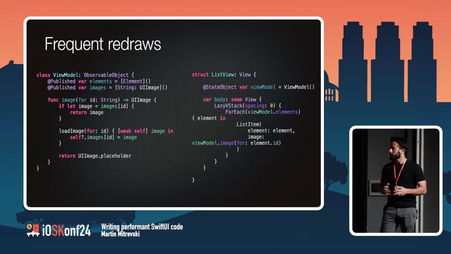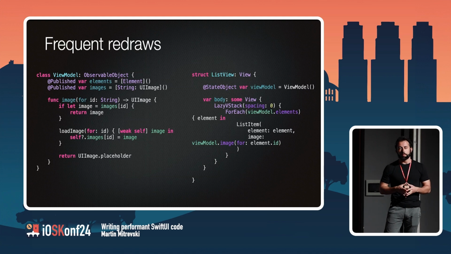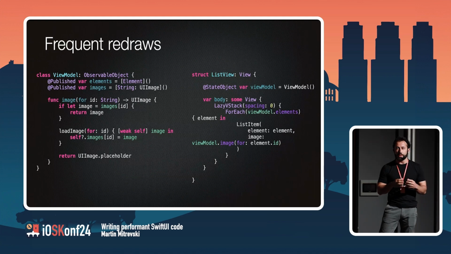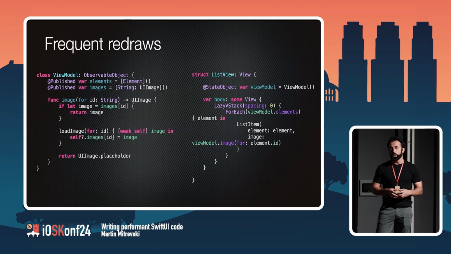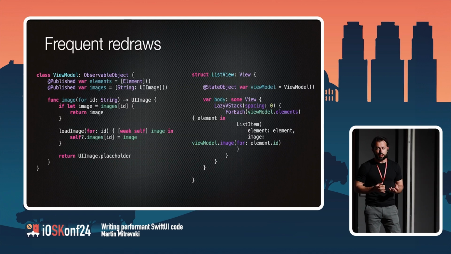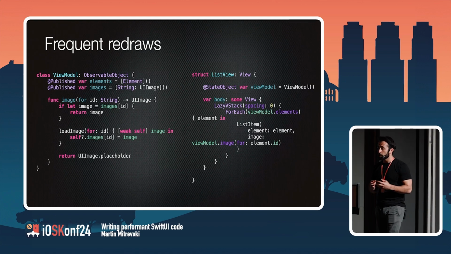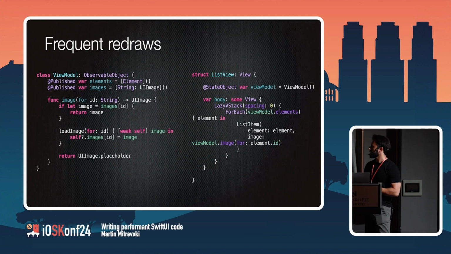The takeaway here is that code structure really matters in SwiftUI. Try to make the views depend only on the state they need, so that when that state changes, you only redraw the view that really needs to redraw. Otherwise, you will have frequent redraws, and that will cause performance issues as well.